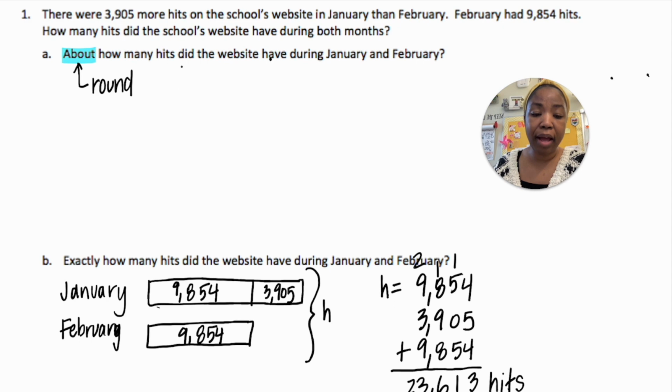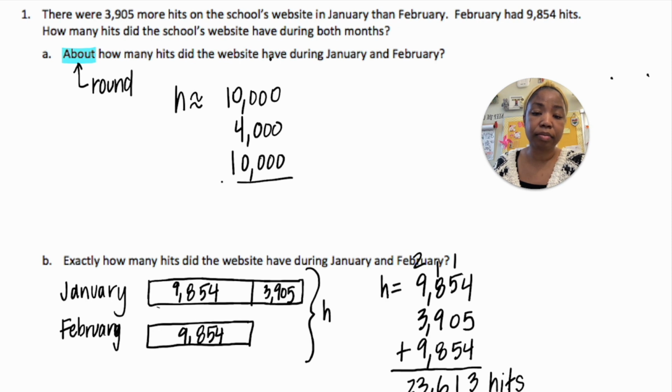Now for the rounding, I'm going to take each of those parts and round them to the nearest thousand. So we had about 10,000, about 4,000. And again, I'm just taking these same numbers and rounding them, and about another 10,000. So it was about 24,000.